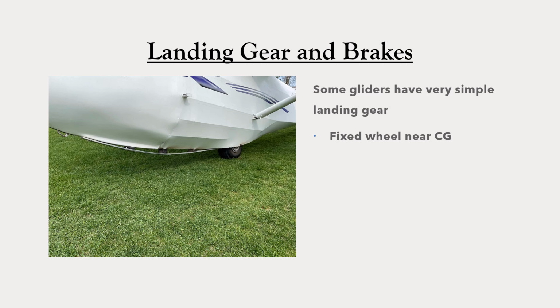The fact that there's only a single wheel means if the glider is not moving, the landing gear doesn't do anything to keep the wings level. So one wing will fall to the ground and you need to have a wing runner hold the wing in position when you're starting your ground roll.